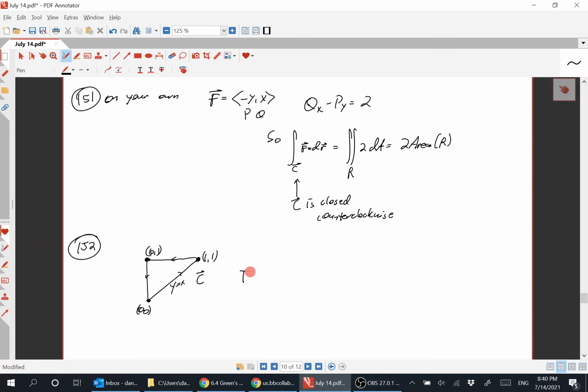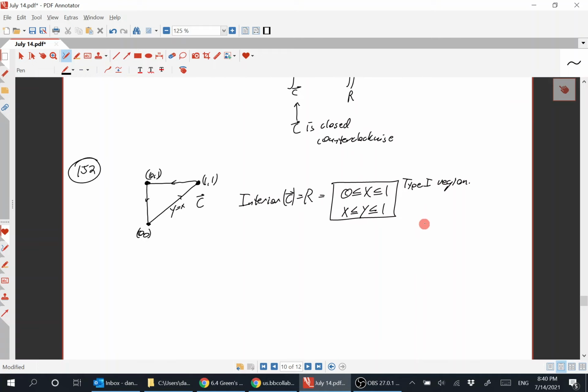So the interior of C, call it R, is 0 less than or equal to x less than or equal to 1, and then x less than or equal to y less than or equal to 1. That's a type 1 region. So x goes from 0 to 1, and for any particular value of x, the y value goes from the line y equals x up to the line y equals 1, that horizontal line there.